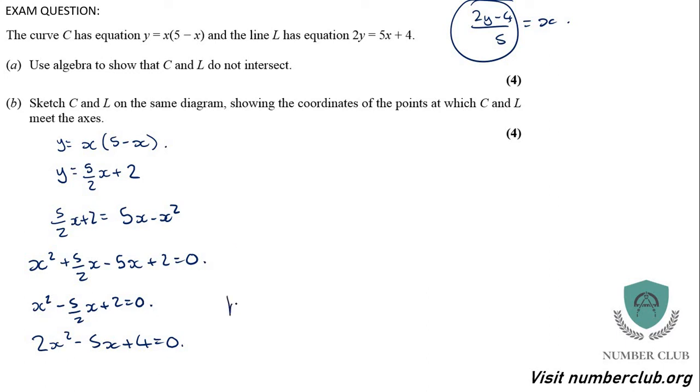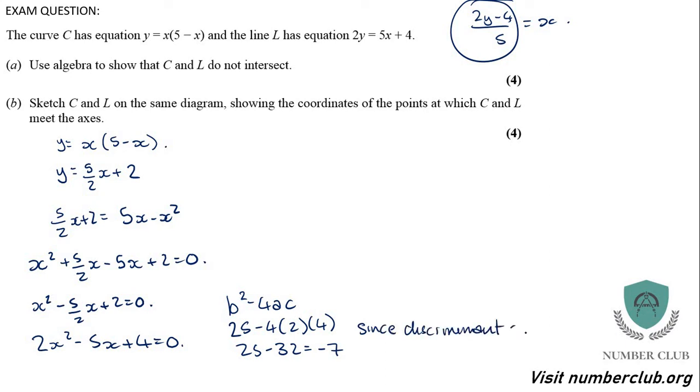So we get b squared minus 4ac, which is 25 minus 4 lots of 2 lots of 4. 25 is negative 5 squared. 25 minus 32 equals negative 7. Since the discriminant is less than 0, no solutions or intersections exist.